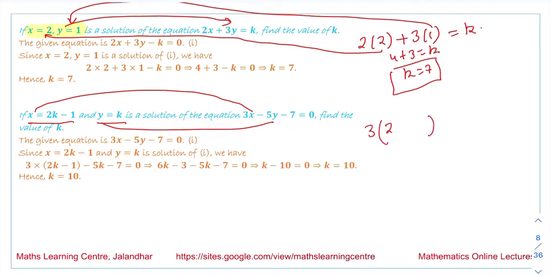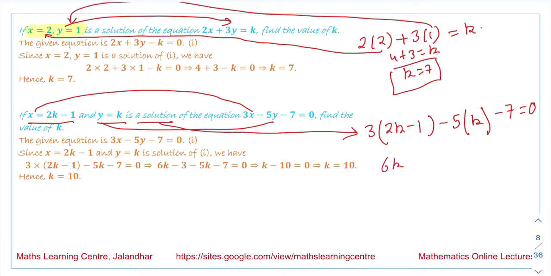In place of x it is 2k minus 1 minus 5 into y. In place of y we are writing k minus 7 is equal to 0, as given to us because it is a solution. So when you solve this, you will get 6k minus 3 minus 5k minus 7 is equal to 0. So you will get k is equal to 10.